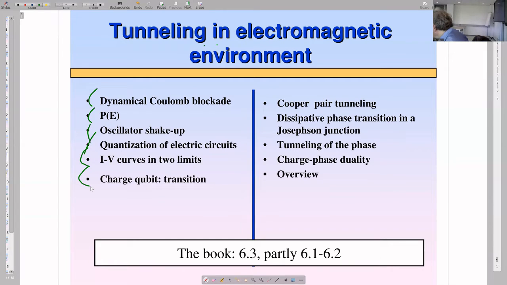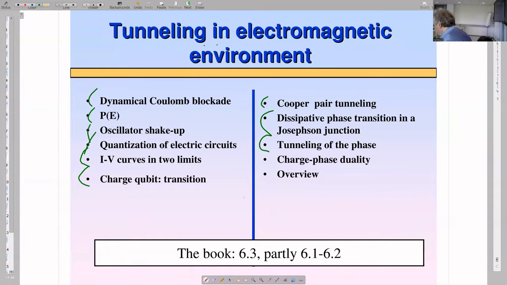We investigate Cooper pair tunneling, understand the dynamics of a Josephson junction in the presence of electromagnetic environment, and we will consider also a more exotic tunneling process. It's not tunneling of a charge, but tunneling of the phase in a Josephson junction.